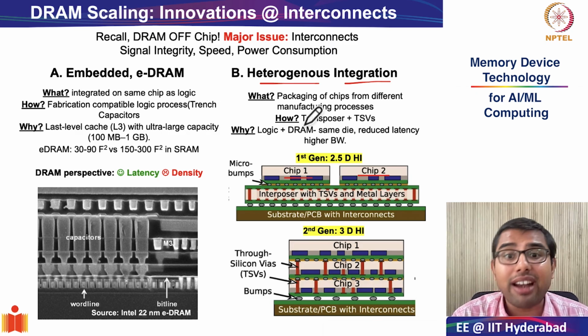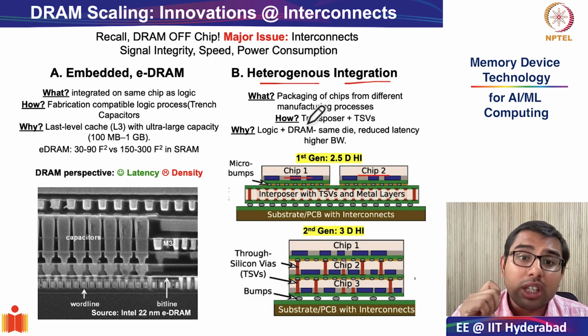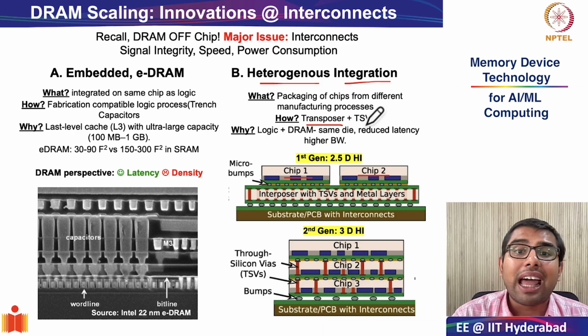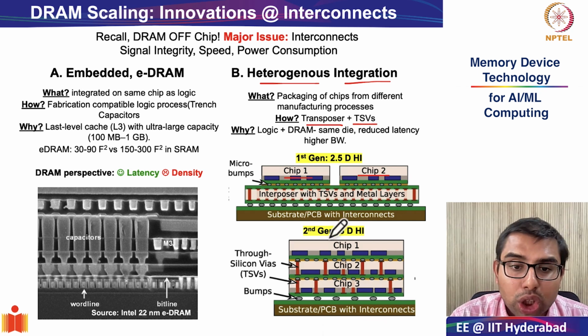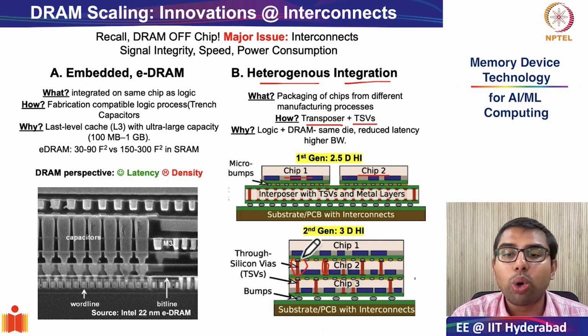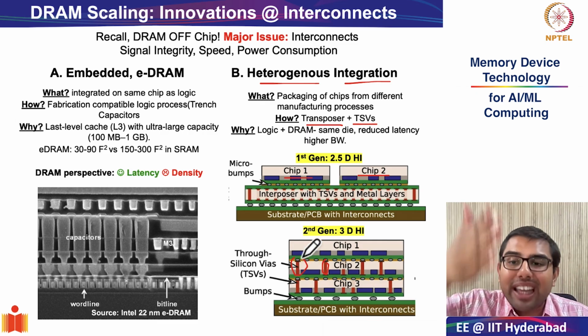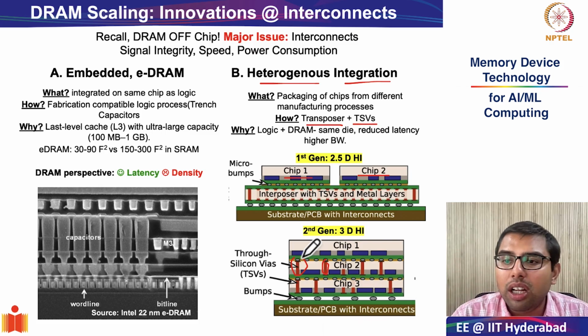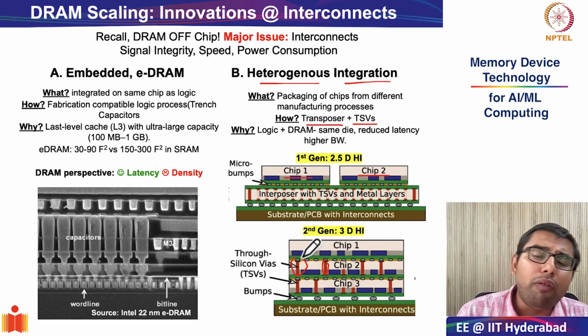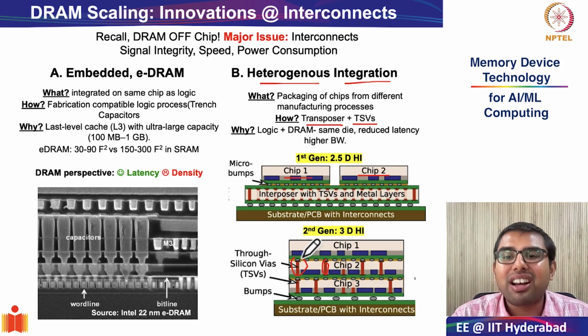How is this facilitated? It is facilitated through the fabrication process of having interposers plus TSV technology. What is TSV? TSV is through silicon vias. You see these red color through silicon vias. They are vertical electrical connections that pass through thinned down silicon dies, which enable very high density interconnections.